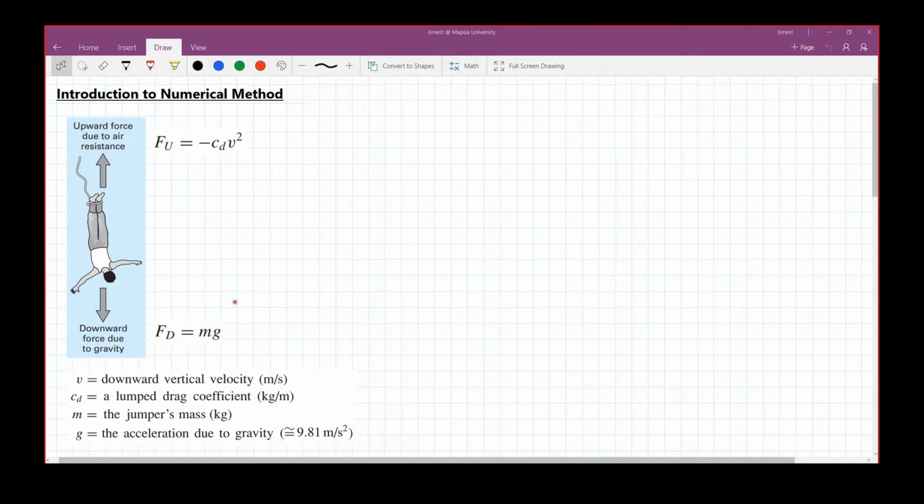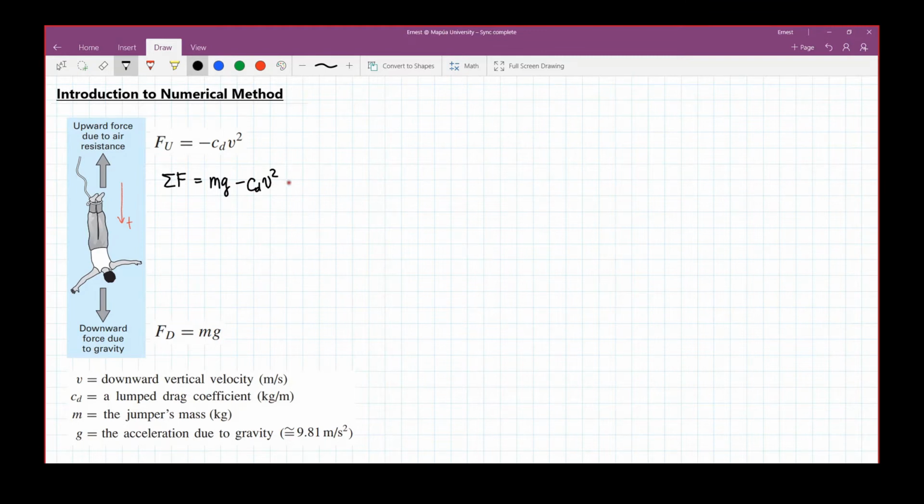So usually when we solve this problem, we solve this using Newton's laws, wherein the sum of forces acting on the particle, so let's say we set the downward direction to be positive, so that the sum of forces will be mg minus cd v squared.